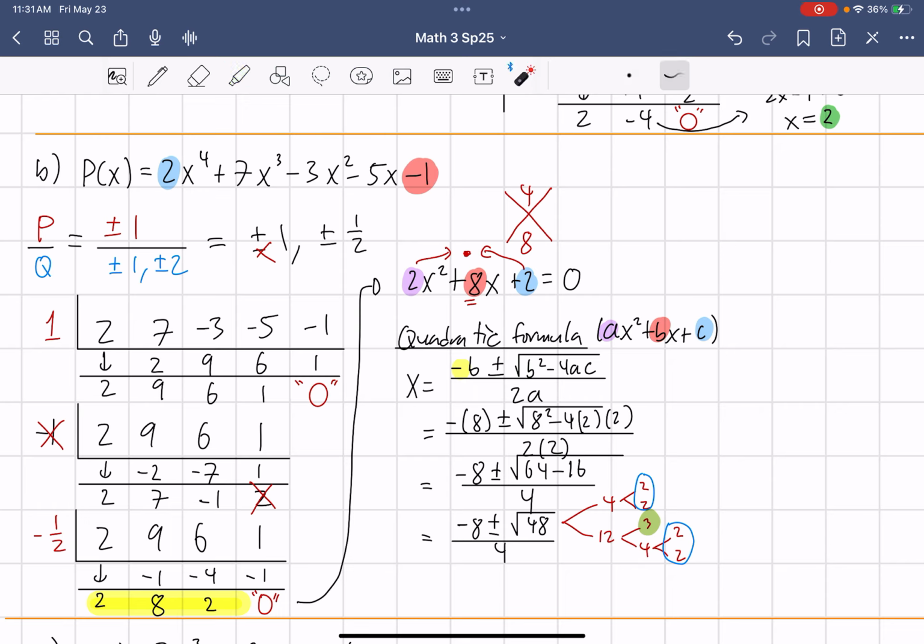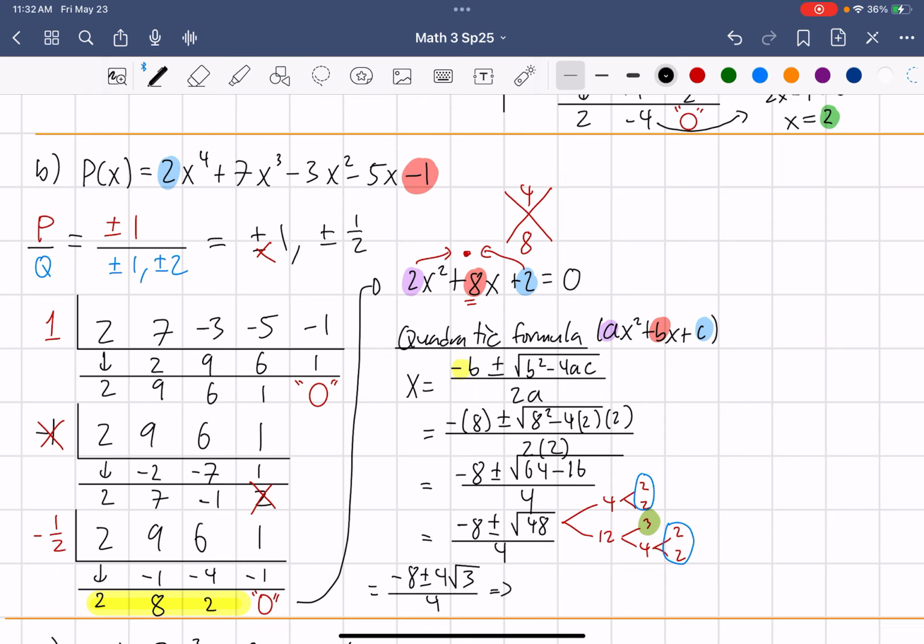But these two, remember, for each group, you're allowed to simplify one of them. So one of the 2's comes out from this group, and another 2 comes out from this group. And since they were multiplying inside, those are going to multiply outside, which will leave us with -8 plus or minus 4 times the square root of, and don't forget the 3 that's still inside, over 4.